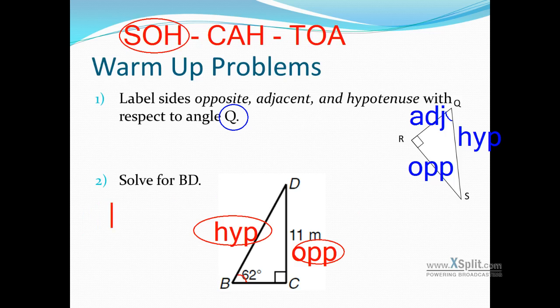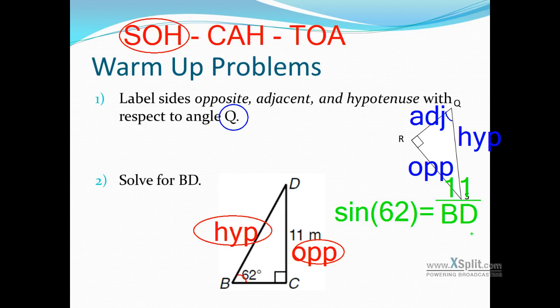We could set up a trig function then. I'll go ahead and write in green here. Sine of our angle, 62 degrees, is equal to our opposite side, which is 11, divided by our hypotenuse. We don't know how big that is yet, we'll just call it BD. And here we have our equation: sine of 62 equals 11 over BD.